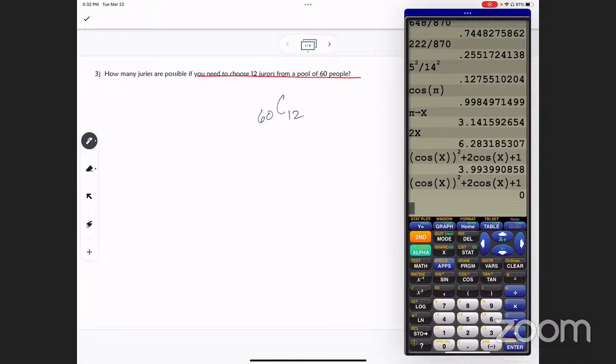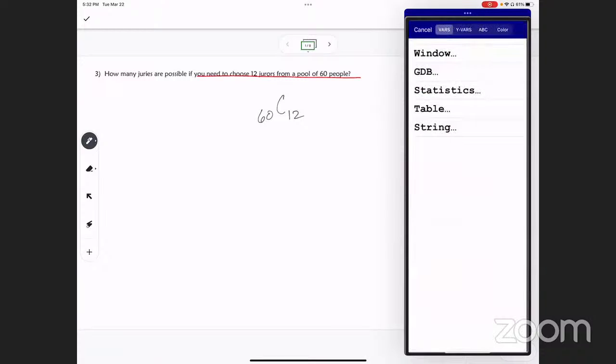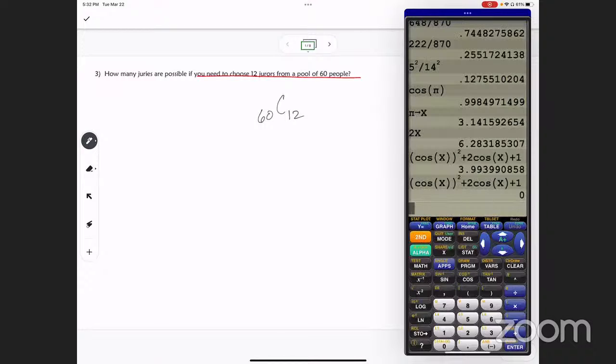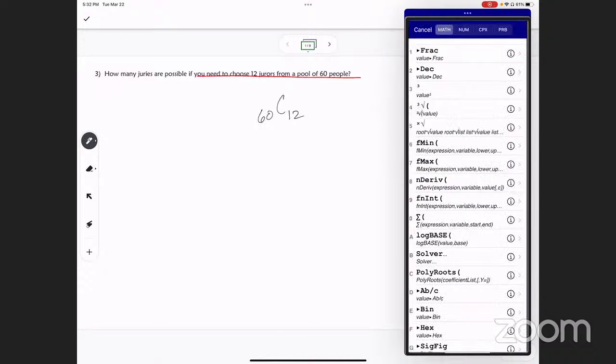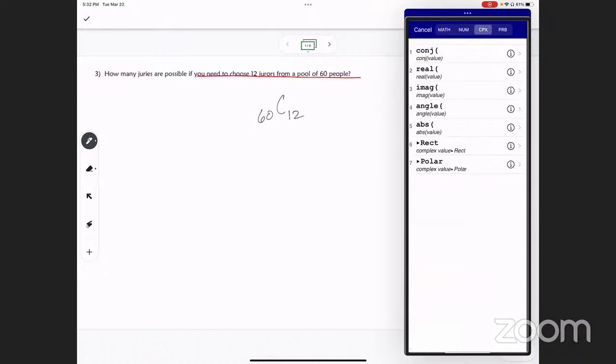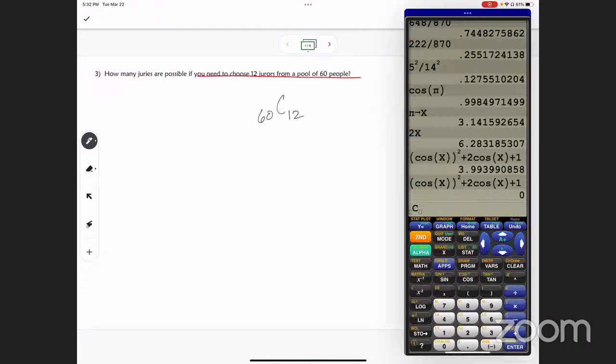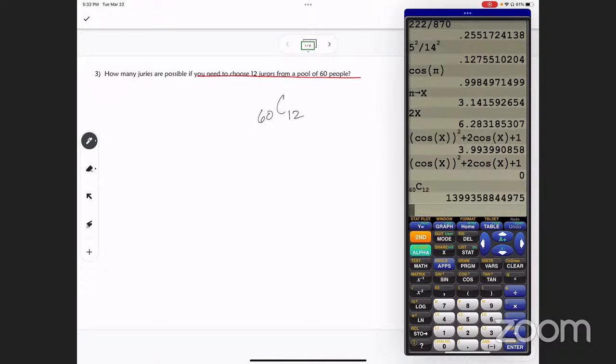Here it says you press math, arrow to PRB. Yeah, probability. There you go. So it's nCr. You type in the two numbers, and it gives you your answer.